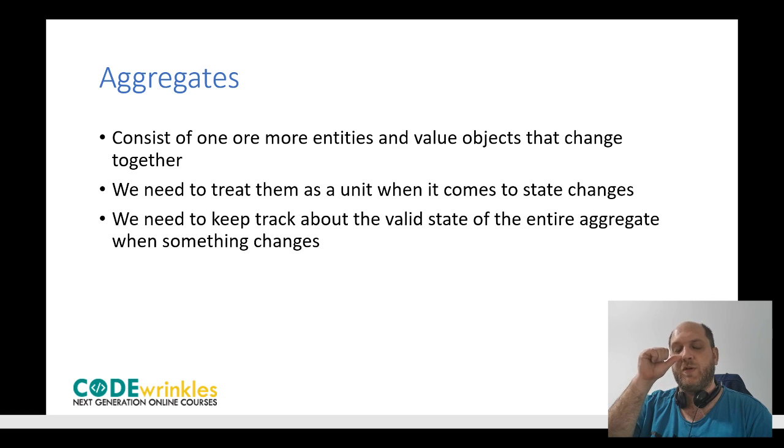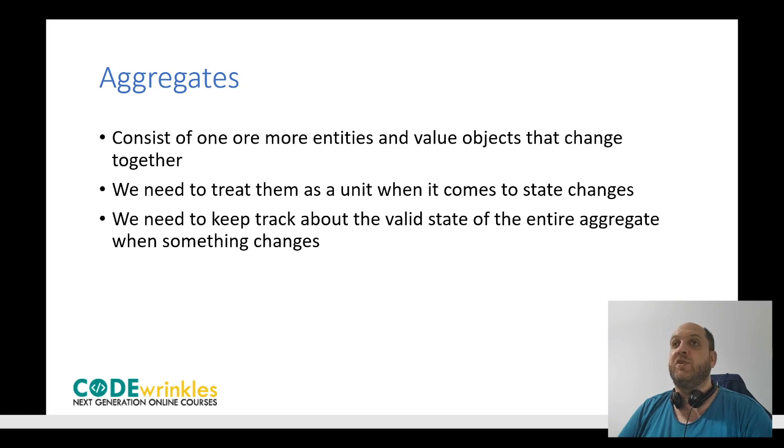This is a very important question that we need to ask ourselves, because in the boundaries of an aggregate, we always have to check for state consistency. For instance, if some part of the application tries to do a change to our aggregate that would put the entire aggregate into a not valid state, then that change shouldn't be performed.